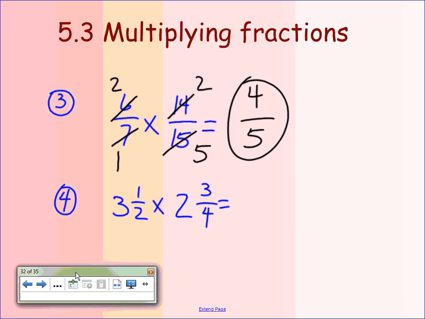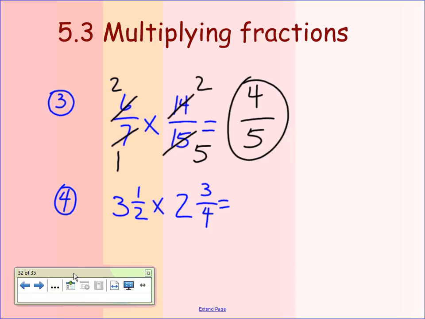In this particular situation, you can do a quick estimate for yourself to figure out what your answer should be close to. So if I have 3.5 times 2 3/4, well, about 3.5, a little over 2.5. So I'm thinking my answer may be around 7. Okay, let's see what we get. So we have to change them to improper fractions.